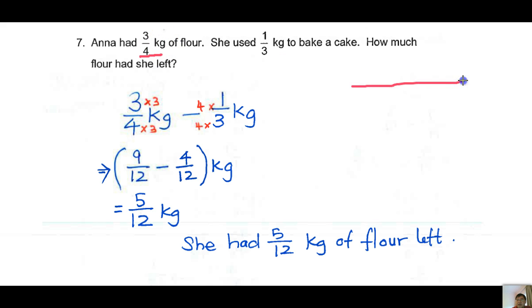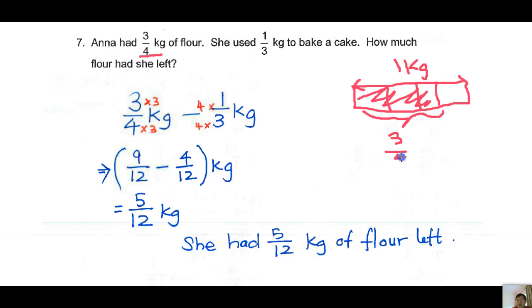If this whole thing is 1 kg, from here to here, 3/4 means we are dealing with 3 parts out of 4 parts. Okay, 3/4 means not even 1 kg. This part is 3/4 of a kg.